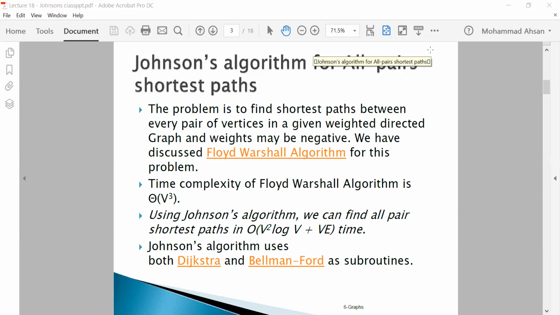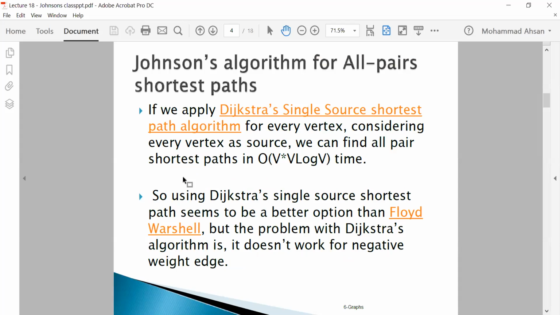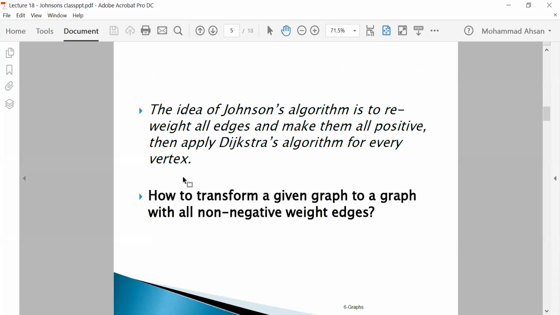So V squared log V is the time for Dijkstra's, so V times V log V, that is your Dijkstra's algorithm. And Bellman Ford is VE. So the combination of these two gives you a good time saving over Floyd Warshall.